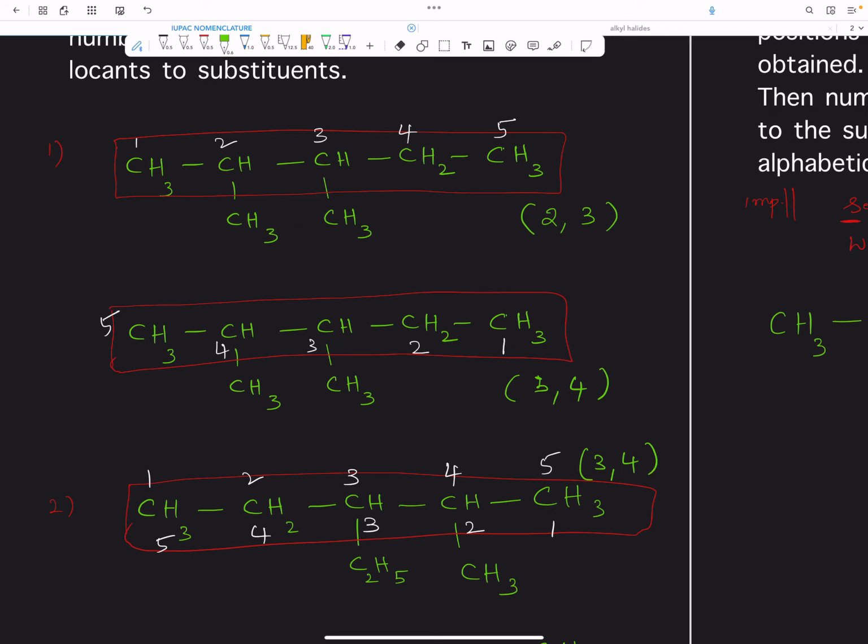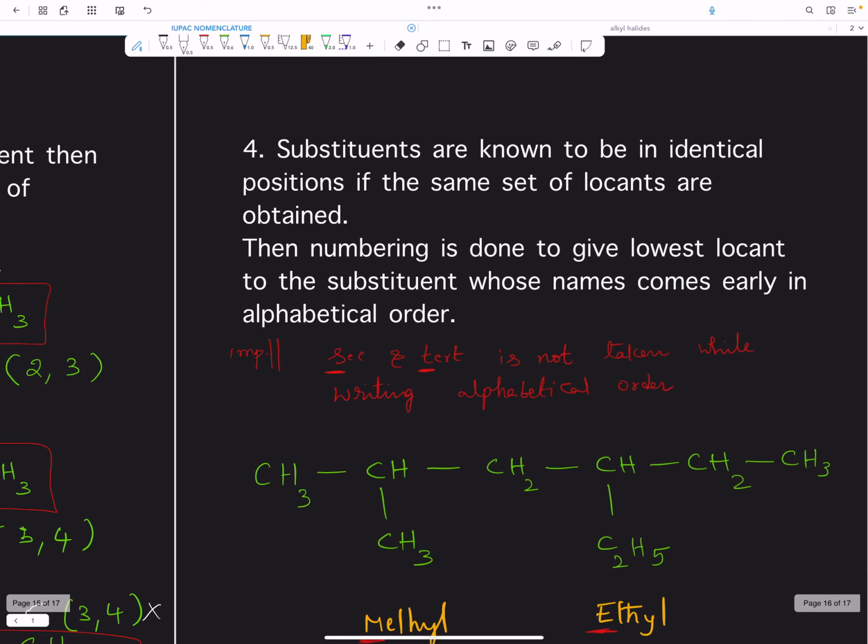The set of locants for this direction is 2 and 3. Just by comparing, here it is 3, here it is 2. As 2 is smaller, the correct numbering is this direction. This is not the correct direction of numbering of carbons.